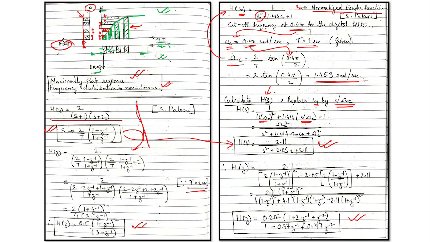That's why you have to do this kind of trick to get things done. If a similar question comes for the impulse invariance method, up to this point the method would be the same, and from here to here only the transformation equation will change.